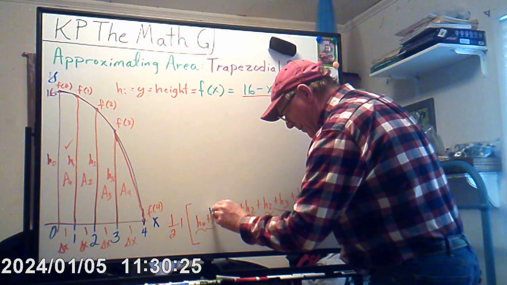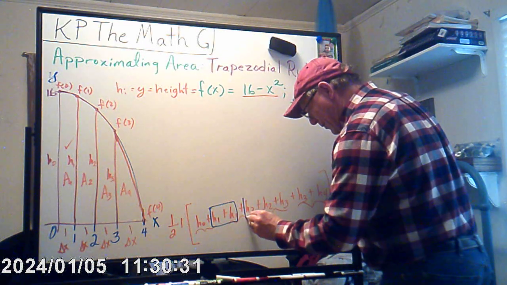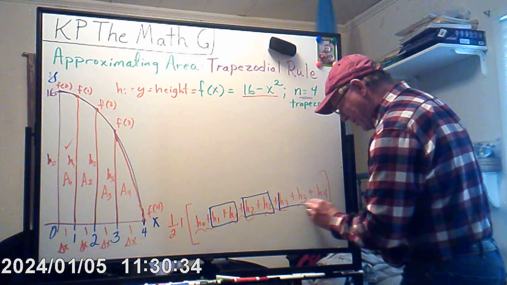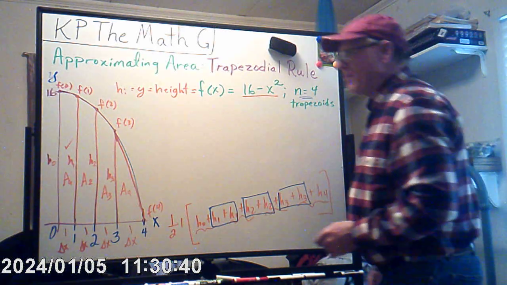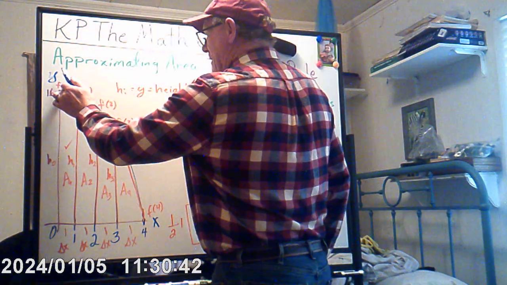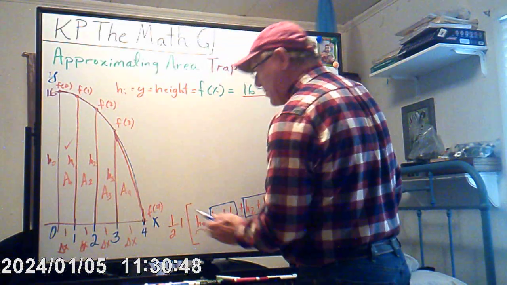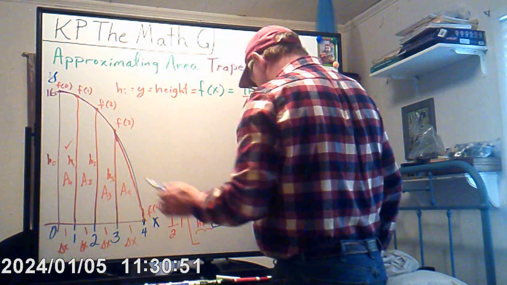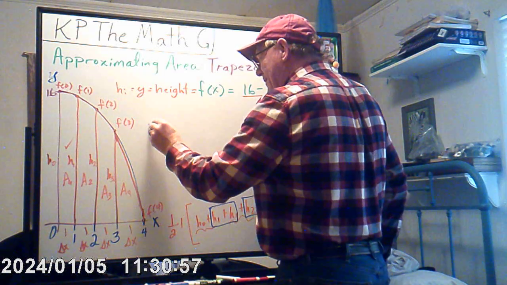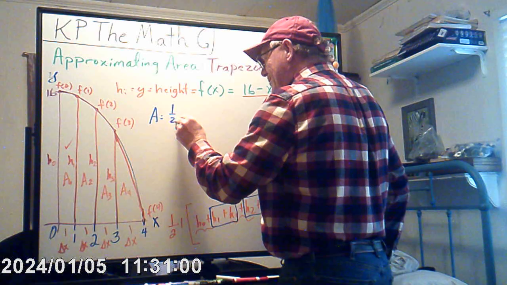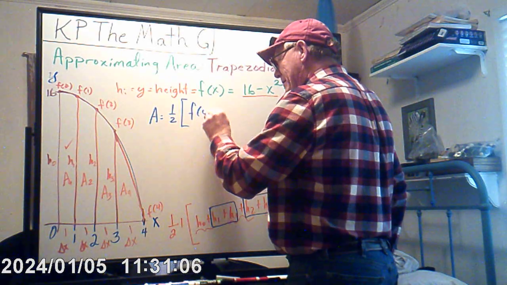Do we see that we have h1 plus h1? We have two of them, don't we? We have two h2s. We have two h3s. But we only have one h sub 0 and one h of 4. Now remember, we said h of 0 is really f at 0. That's the same thing as the height. So what we need to do is substitute f at 0, f at 1, f at 2, and so on. So 1/2 times 1 is 1/2. So the area is equal to 1/2 h0, that's f at 0.